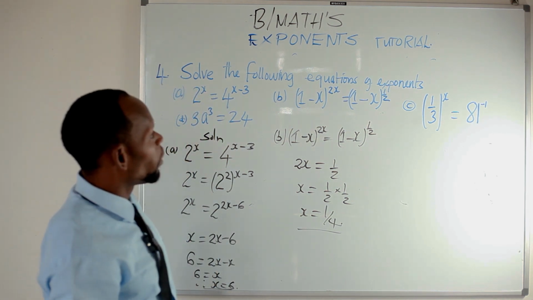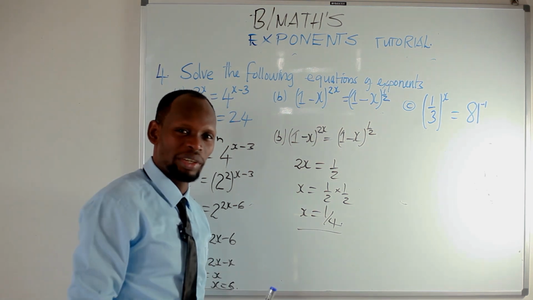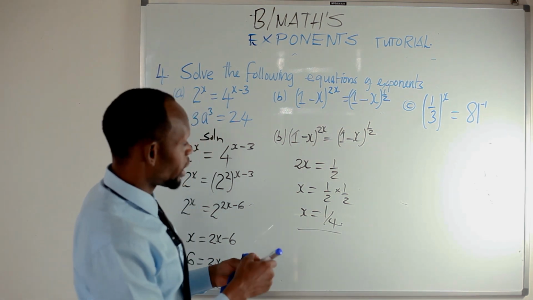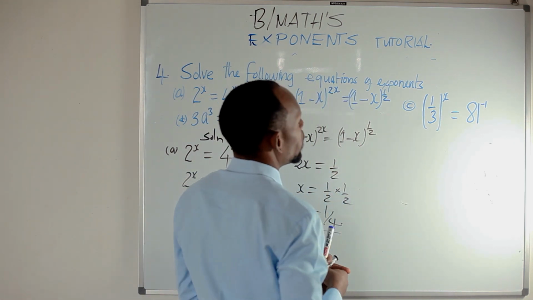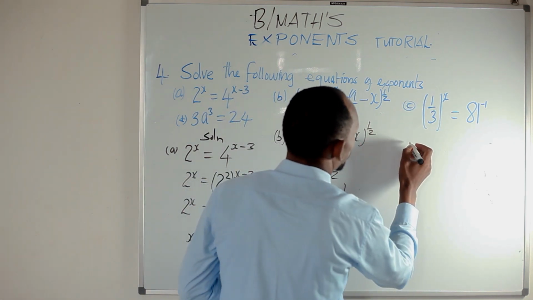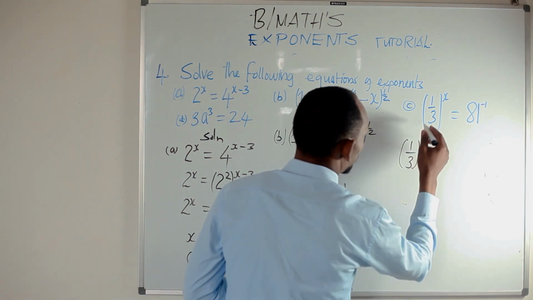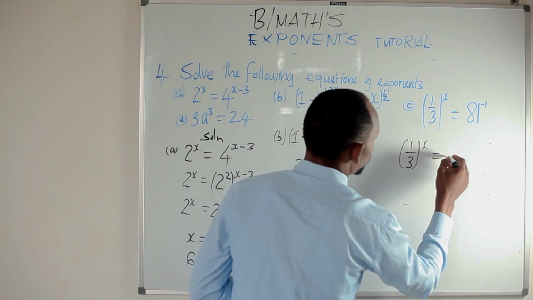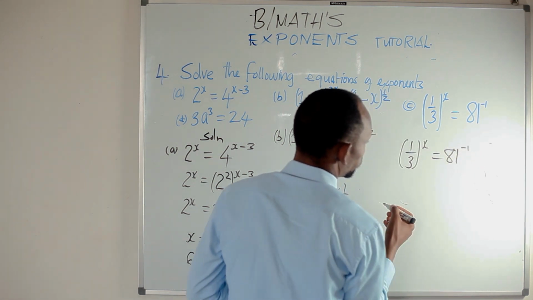Can you try for C? Yes, try. I'm waiting for you. Okay, let us go. For C, we are given (1/3) power x equals 81 power negative 1.